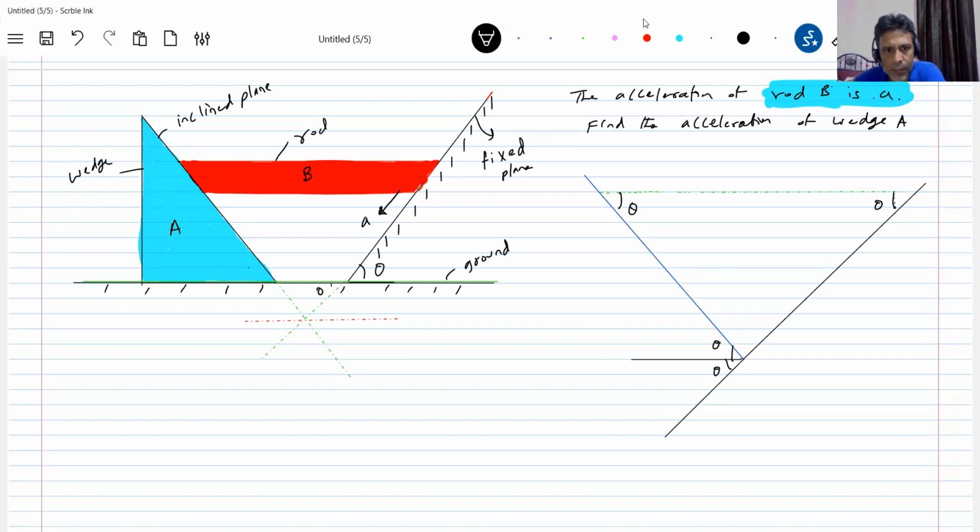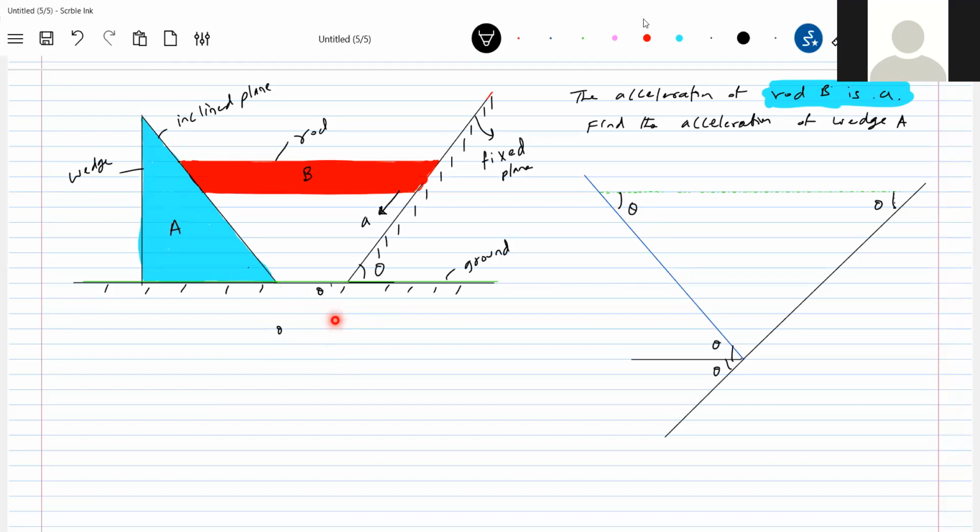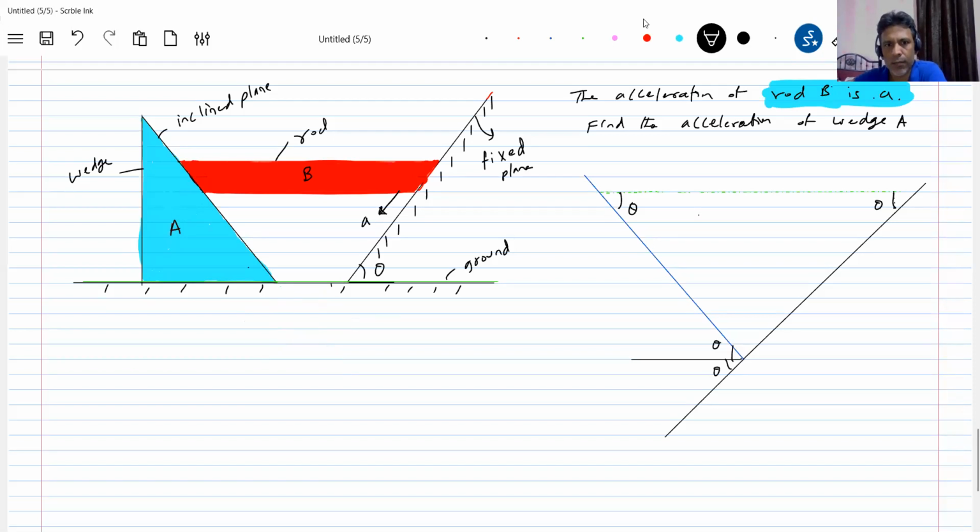If this is theta, this should be theta, and this should be theta. Agreed, all of you? That's the way I'm bringing the angles. Okay, so I'll draw it. Not needed. I'll extend the line. It should be parallel to this.